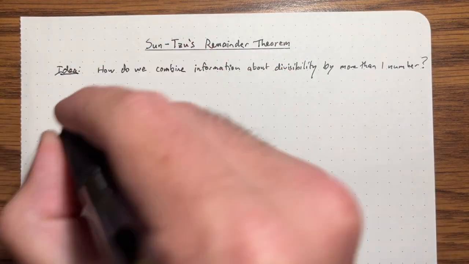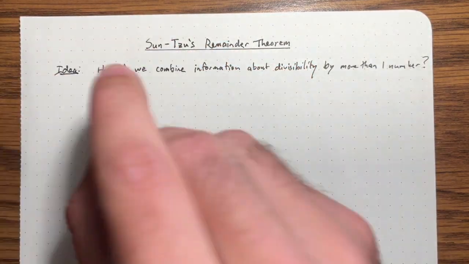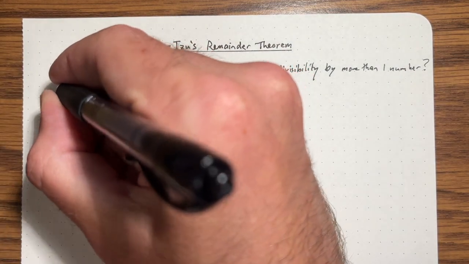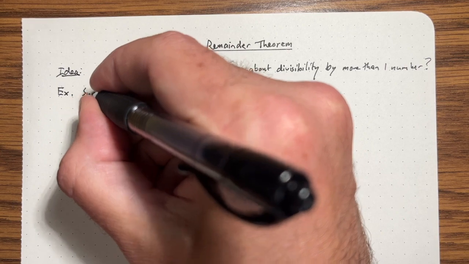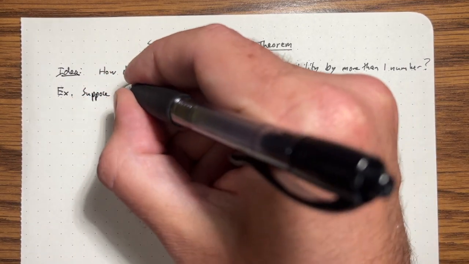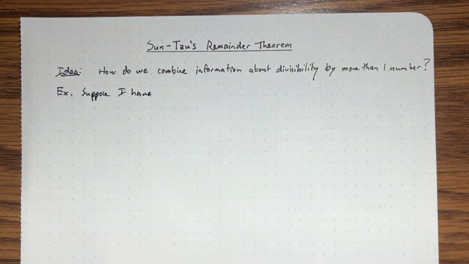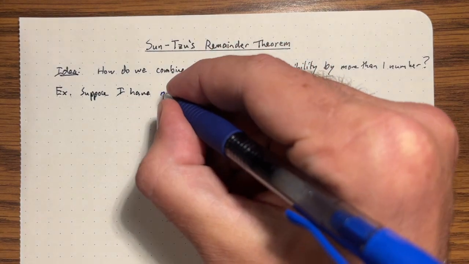And so here's an example kind of problem you can solve with Sun Tzu's theorem. So suppose I have some number of objects, let's just say n objects.